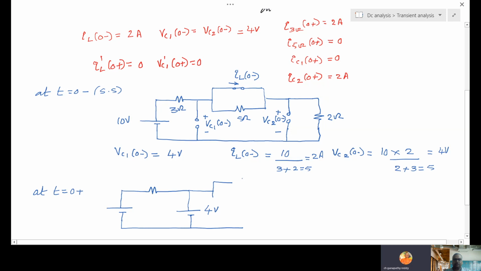Inductor is replaced with a current source of 2 amps.